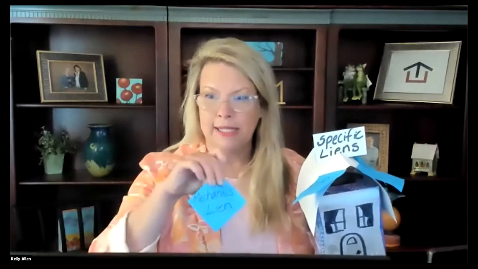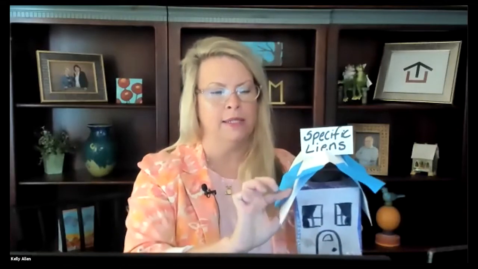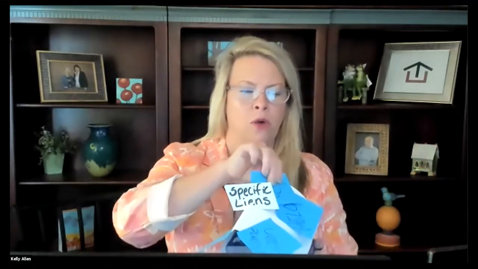A mechanics lien, we're going to talk about that in a minute as well. A mechanics lien is going to stick to your property. And a UCC1. So if you have your windows financed through a window company or your gutters financed through a gutter company or whatnot, that company is going to file a UCC1. It will be a lien against your property.